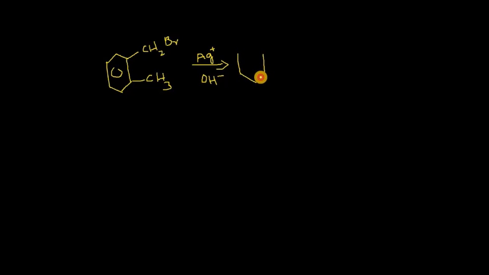So we can say a primary alcohol group will be developed on the benzene ring here. You will be getting CH2OH here, and we have CH3. I can say that is the first product.